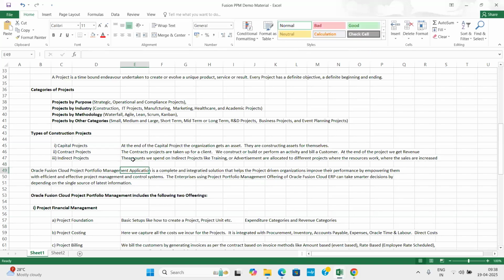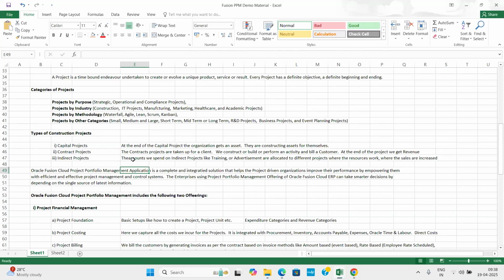By doing advertisements, you may get different things. If you are training the employees, those employees will work on different projects, and those projects will generate revenue. So it's an indirect cost on the projects.